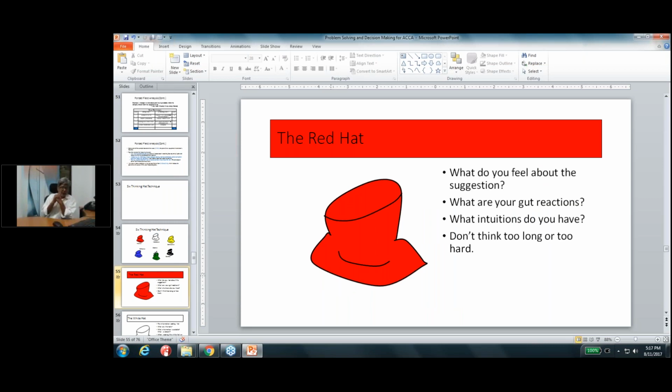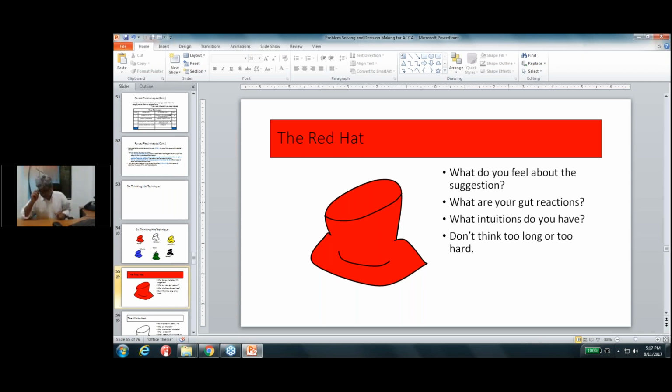When you put on the red hat, your thinking style should be more emotional, the feeling side, what you feel about that particular problem. So, what are your gut reactions? That is intuitive. What your intuition says, what your gut feeling says about the problem.